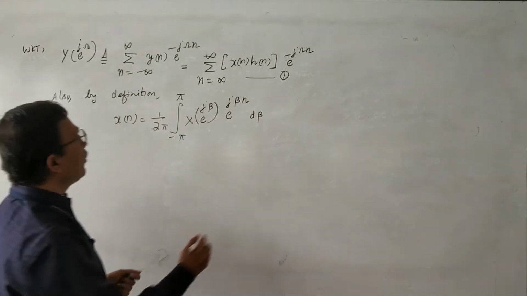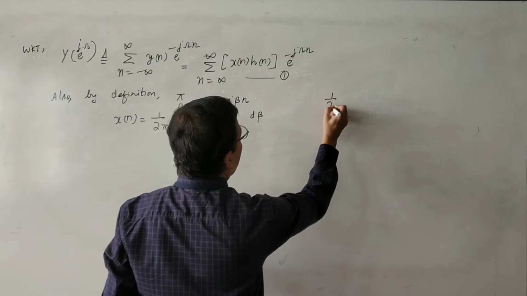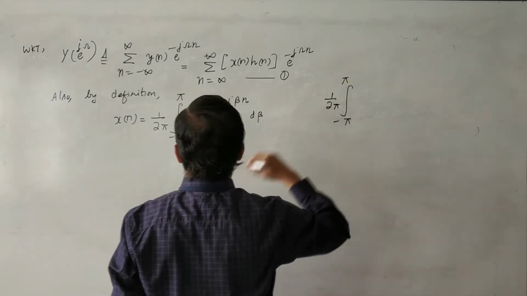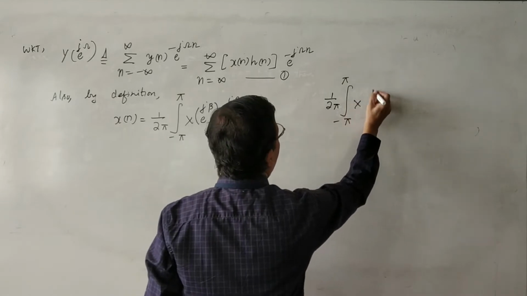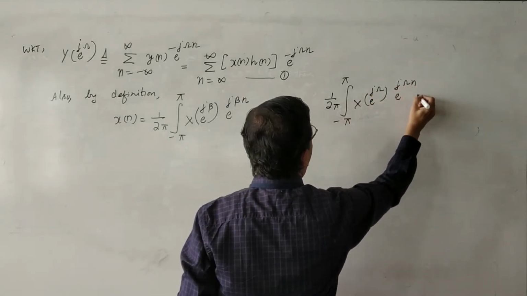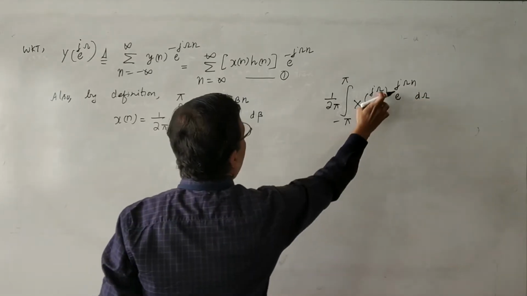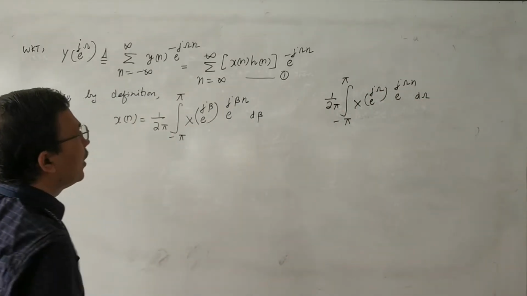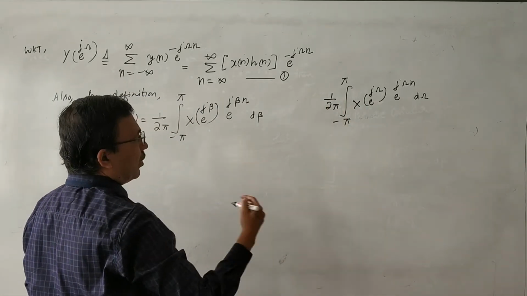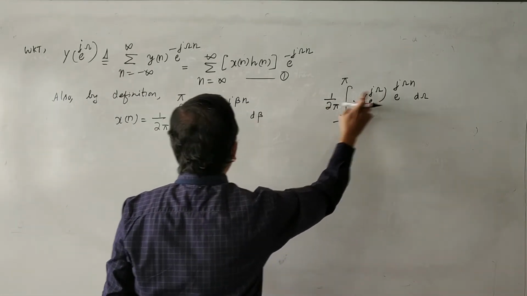What I mean is, the inverse DTFT equation is 1 by 2 pi integration from minus pi to plus pi x of e power j omega into e to the power j omega n d omega. Instead of omega, here we have got beta, because both the integrals will give the same result. Omega is a dummy variable, it is replaced by beta.